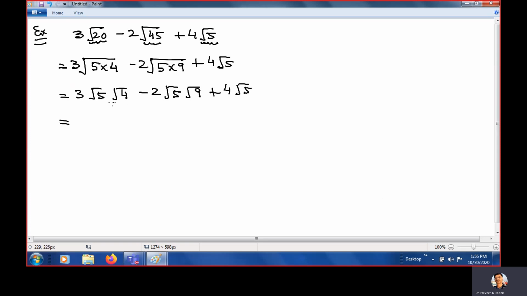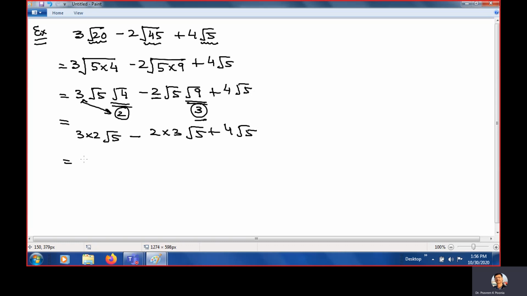Now the value of root 4 is 2, and the value of root 9 is 3. Clear? We learned that in the previous slide. If you multiply, it is 3 times 2 root 5 minus 2 times 3 root 5 plus 4 root 5.